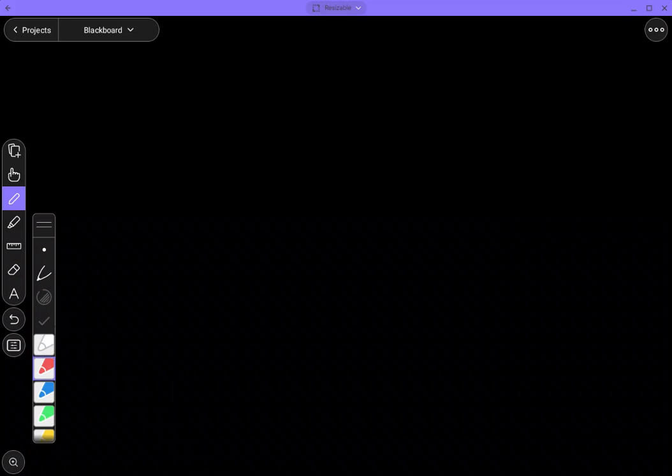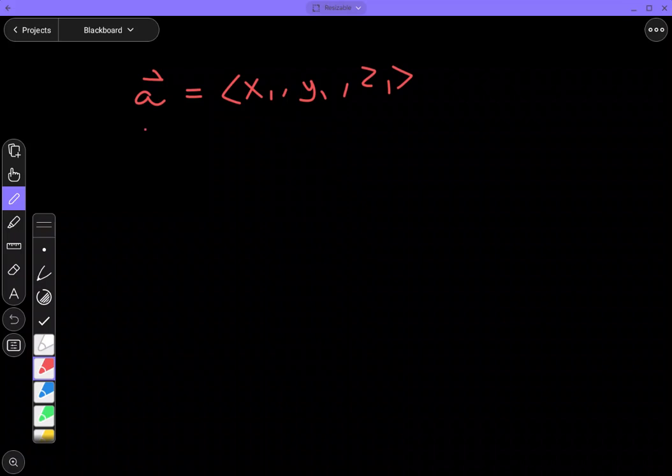So let's say we have vector A with components x1, y1, z1, and vector B with components x2, y2, z2.